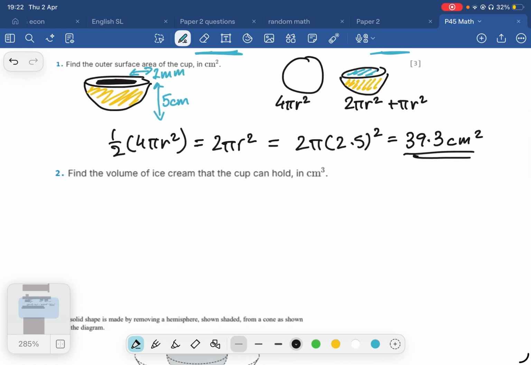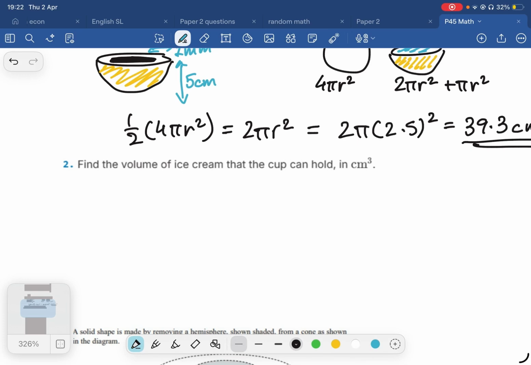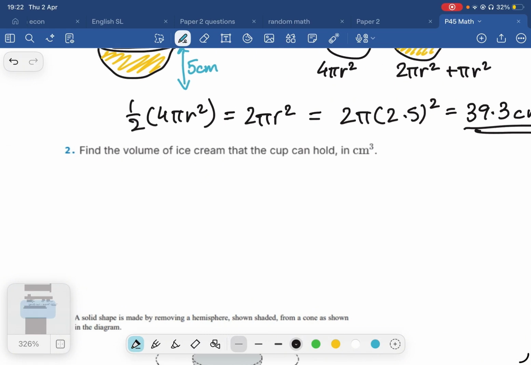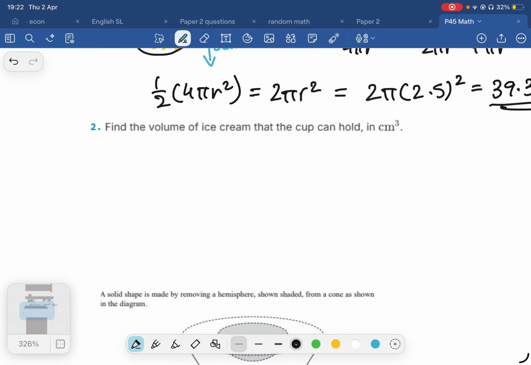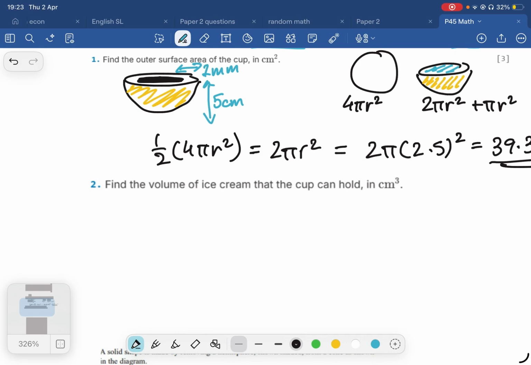Part two of this question is saying find the volume of ice cream that the cup can hold in centimeters cubed. This is a bit more tricky, but it should be pretty simple if you know what's going on. So how do you find the volume that the cup can hold? Well, that would be the volume inside this hole here.